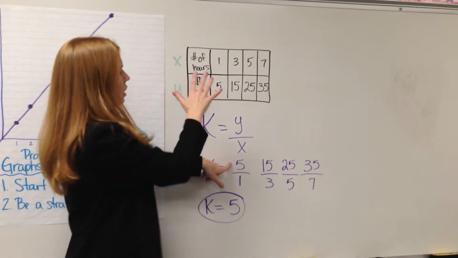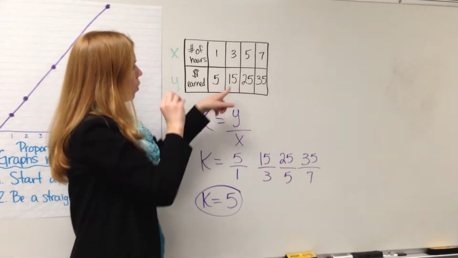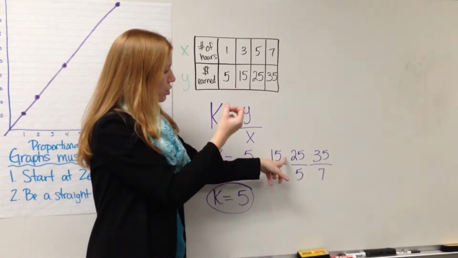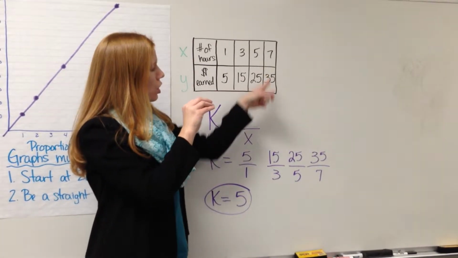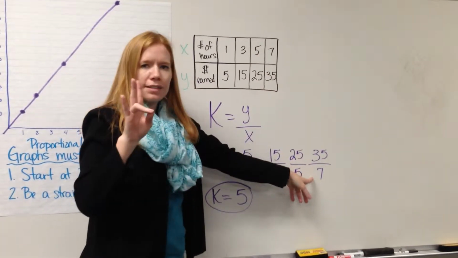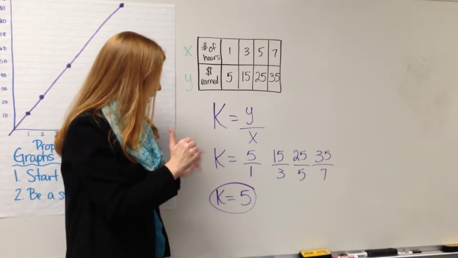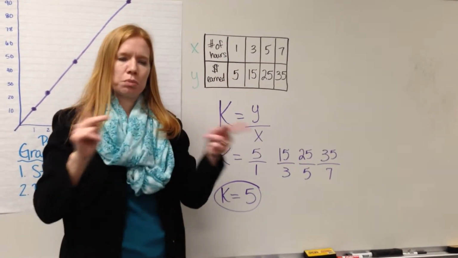So that would give me 5 divided by 1, or 15 divided by 3, or 25 divided by 5, or 35 divided by 7. If I actually put all of that in my calculator, it's all going to equal 5. So yes, this is proportional.